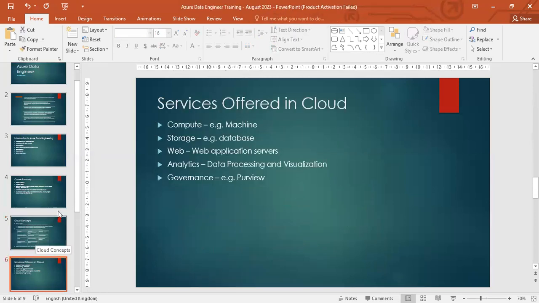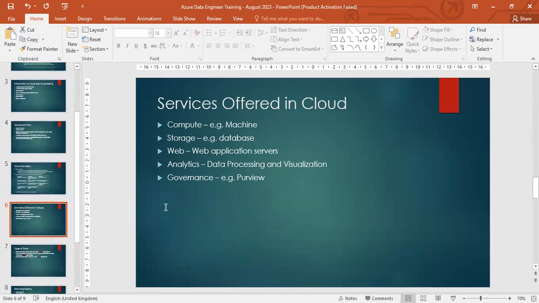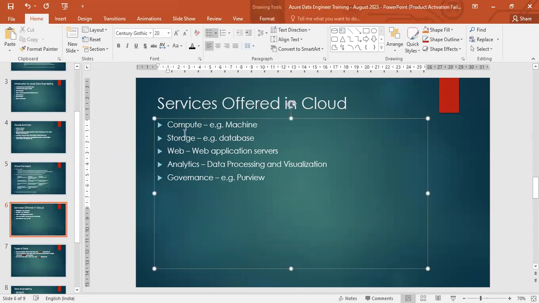So I'll move to the next one, which is what types of services are offered in the cloud. For example, compute, as I mentioned, the various types of machines that we need. Under compute services we have virtual machines. We can spin up various kinds of Windows, Linux or Unix machines, depending on our own need.